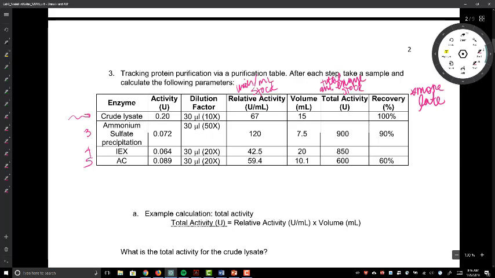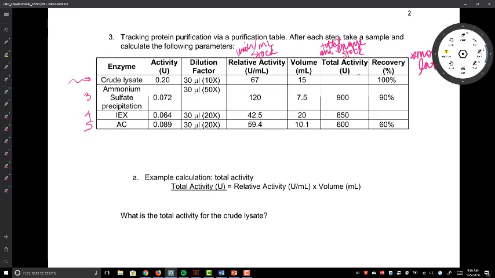So that turns it from a concentration into a value. And then finally, to have an idea for how much enzyme is lost after each step of the purification, you're going to calculate your percent recovery. Your percent recovery compares your total units after each step back to the total activity in the crude lysate, which would be the total activity that your TA started with when they started the purification process for you. All right, so now let's go ahead and go over these calculations.